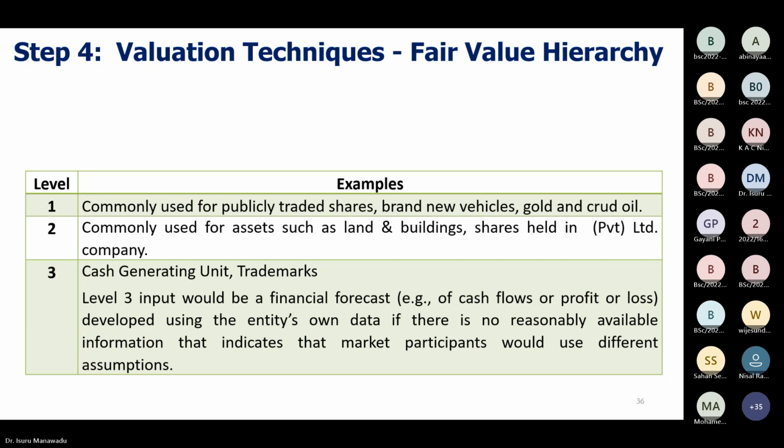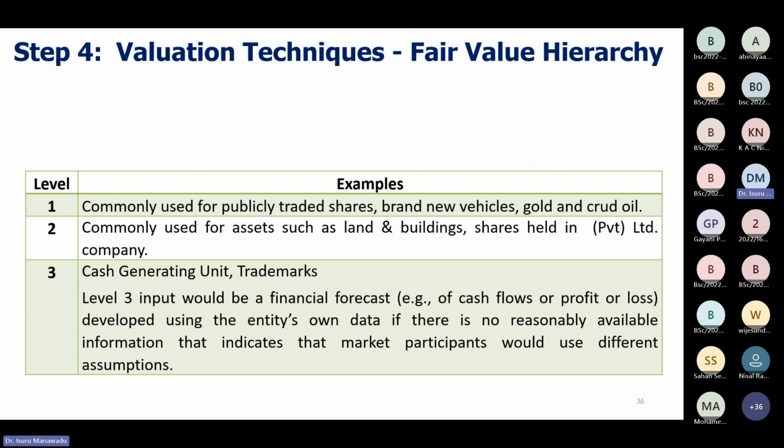Level 1 is commonly used for publicly traded shares, brand new vehicles, gold and crude oil. Level 2 is commonly used for assets such as land, buildings, shares in a private limited company. We don't have publicly traded information, so we cannot say that's level 1. That's in between level 1 and level 3, so that's level 2. Level 3 is cash generated, trademarks.